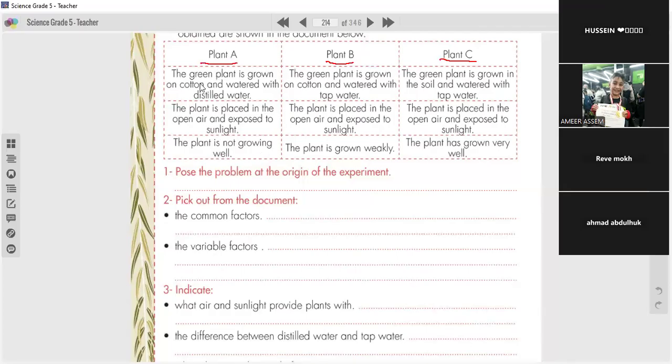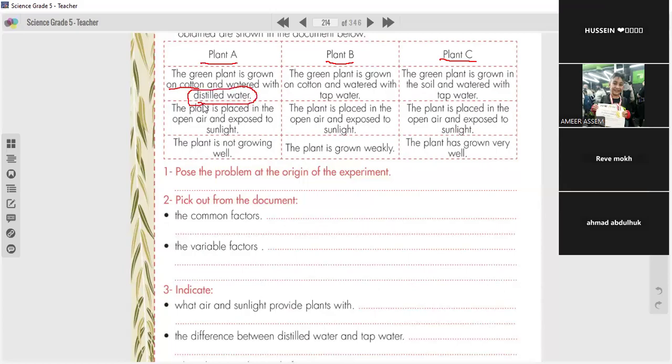Look, plant A, okay, read Batul, continue please. The green plant is grown on cotton and watered with distilled water. Okay, so he puts a plant A on cotton, not on a soil. Okay, and watered with distilled water. Do you remember the meaning of distilled water? Yeah, Batul?